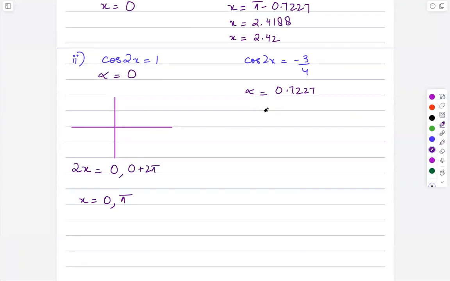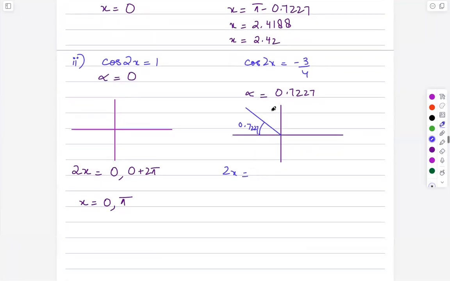Now, when the basic angle is 0.7227 and it is a negative value, one value that we already had from the previous part was 2x equal to 2.42, and we can make 0.7227 in the third quadrant as well, as cos is negative in both of these quadrants.